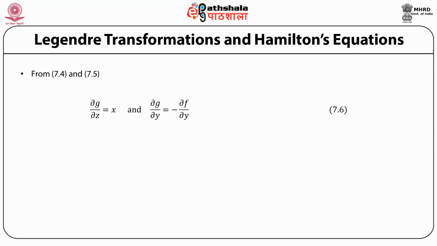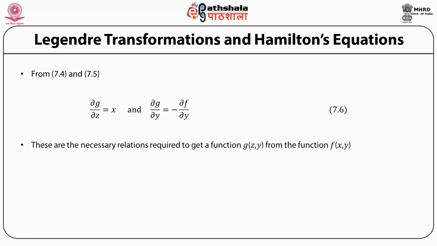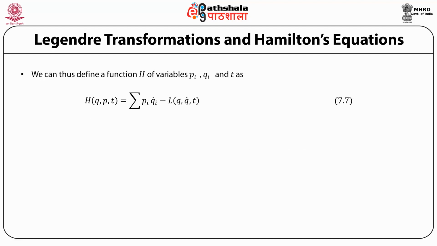So given a function of x and y, we obtain a new function which is a function of z and y. These are the necessary conditions for that, where this new variable z is defined as the partial derivative of f with respect to x. We can thus define a function h of variables p_i, q_i, and time t.